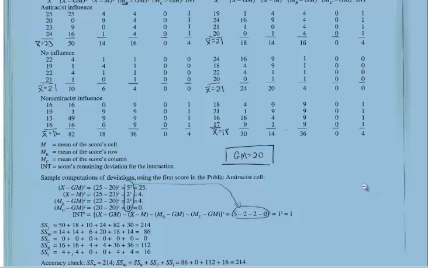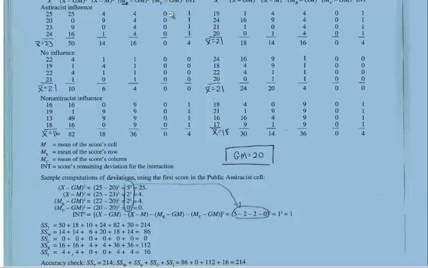The next thing that we're going to be looking at is the sums of squares that are due to the columns. Okay, so this is this one right here. This is going to help us know whether or not we have a difference between the column mean, that is whether it's public or private, and the grand mean.